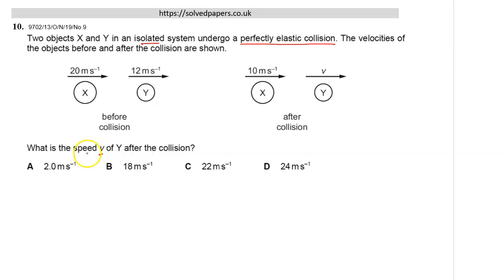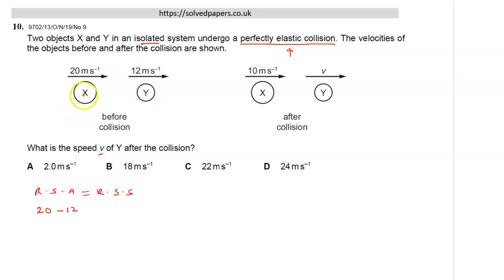All right. In a perfect elastic collision, we know that relative speed of approach is equal to relative speed of separation. And therefore the relative speed of approach here is 20 minus 12. They are going the same direction, and therefore you take the difference.